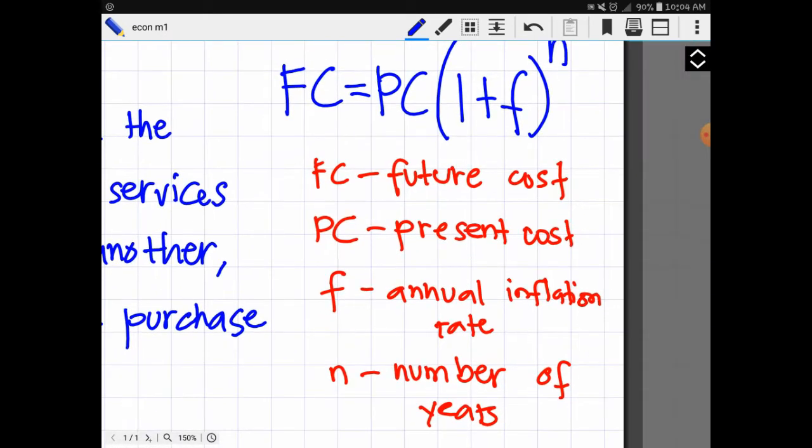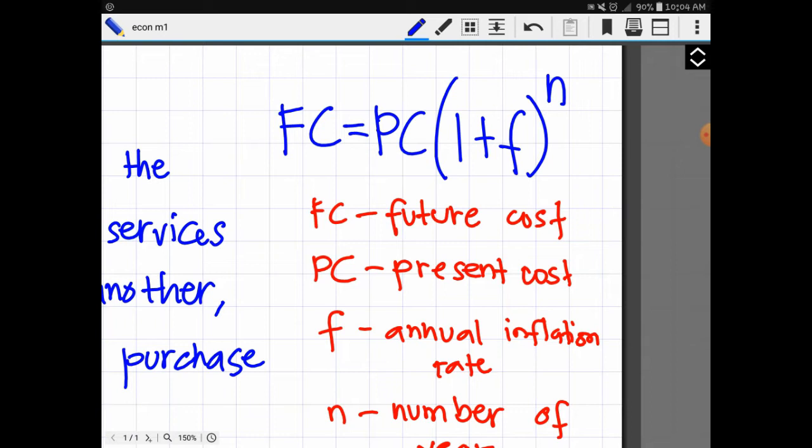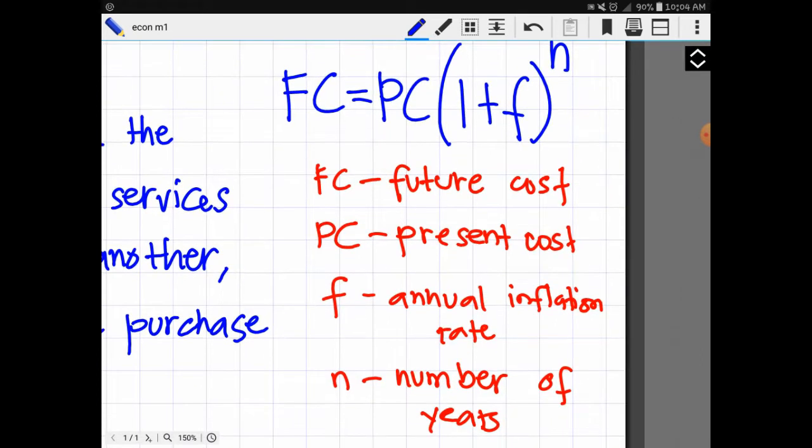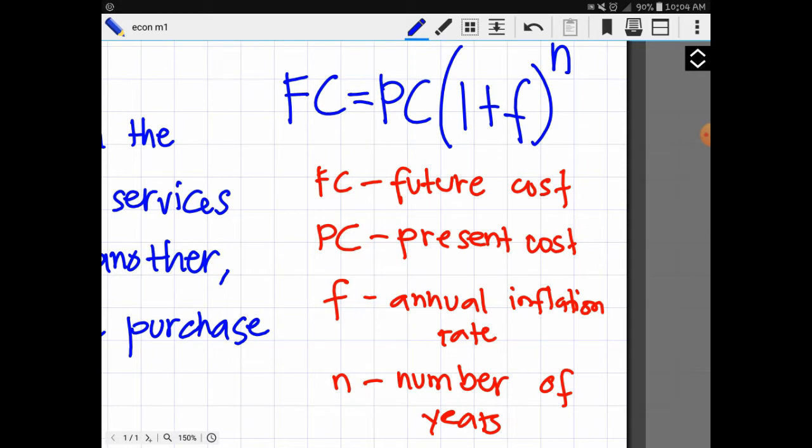Using this formula, FC, kapag cost ang pinag-uusapan, FC is equals to PC multiplied by the quantity 1 plus F raised to N. So yung FC is the future cost. Yun yung magiging cost after ng inflation. Present cost is yung initial cost, no?